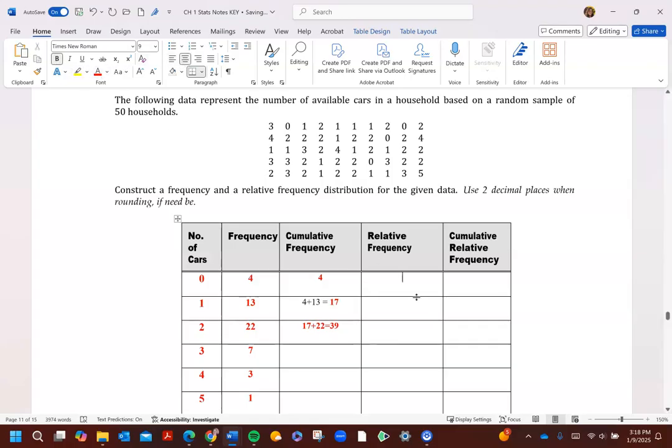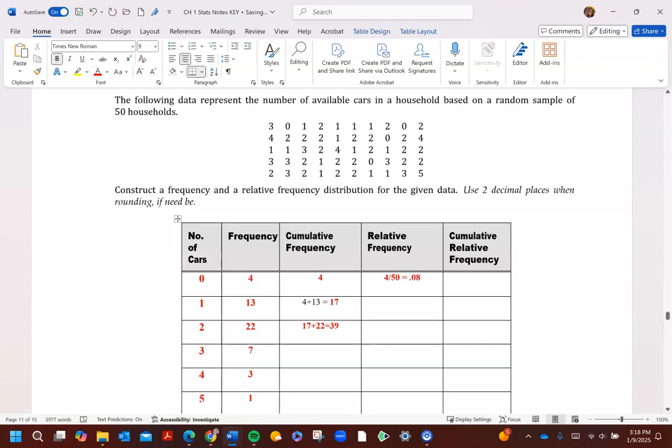So relative frequency, you're taking the number, which is 4 here, and dividing it by the total, which is 50. Then you could write it as a reduced fraction, or you could just do it on a calculator and get 0.08.